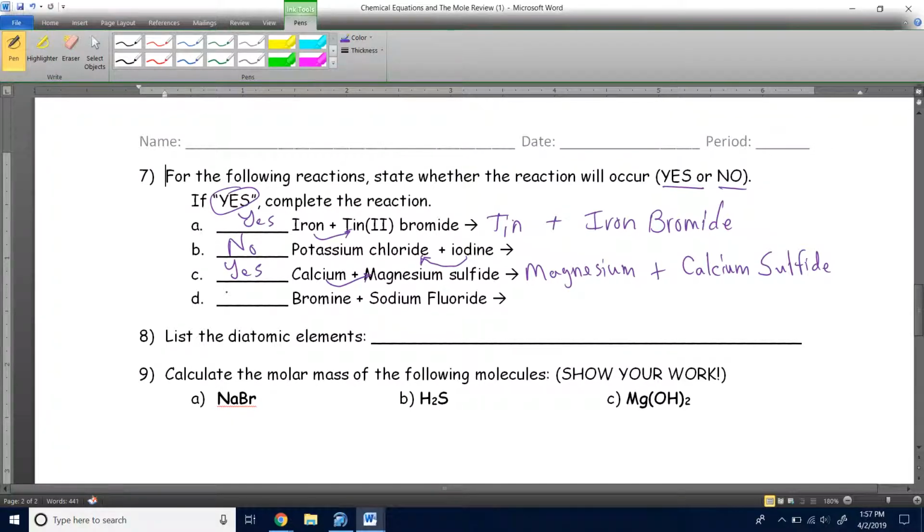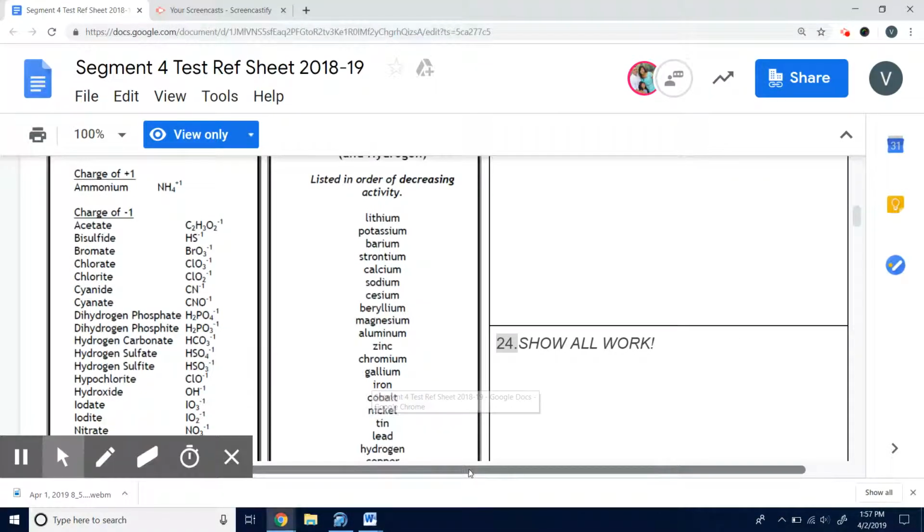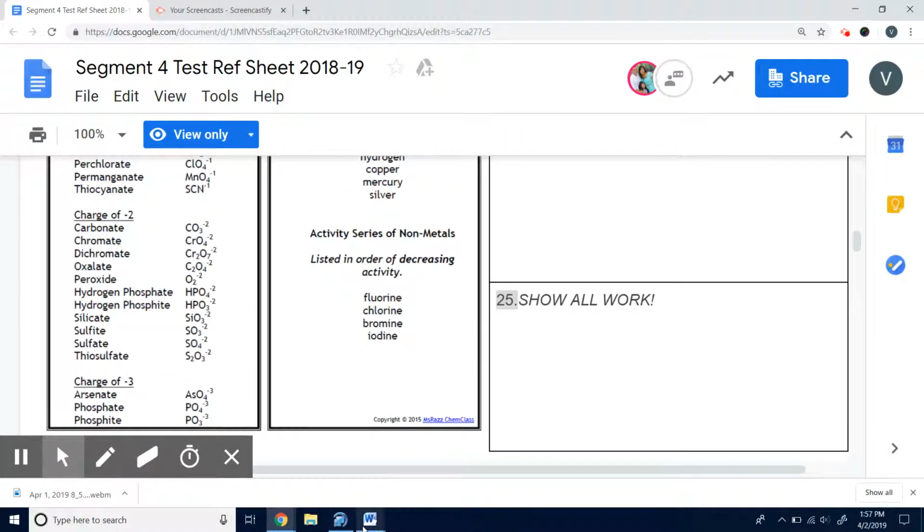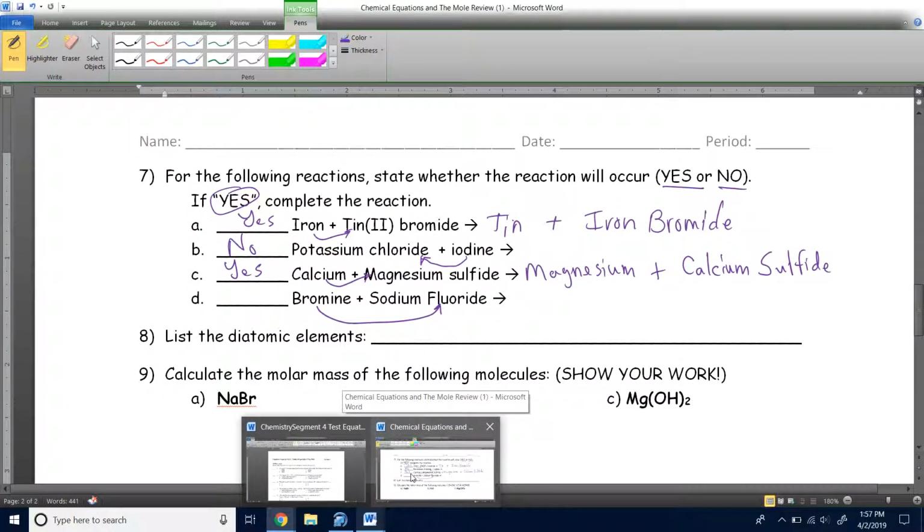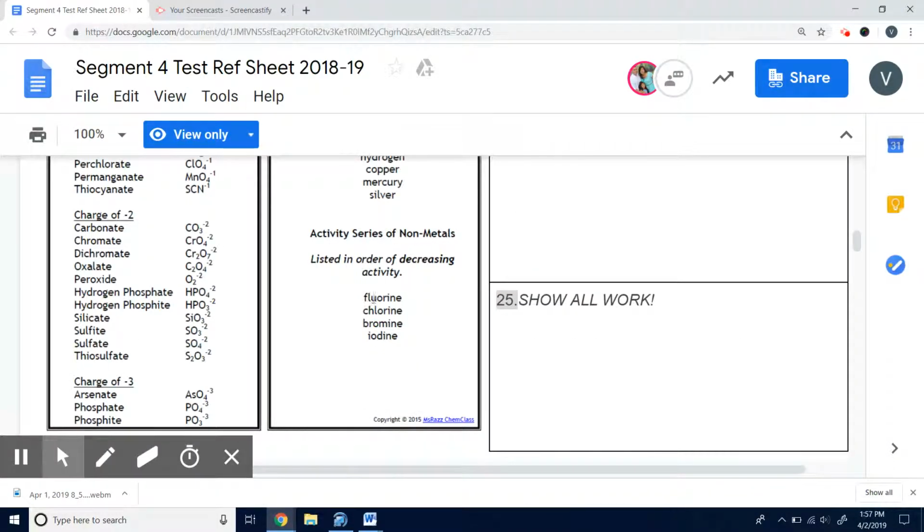All right, and last but not least, for part D, we're going to look at bromine. Since bromine is a nonmetal, we want to see if bromine is capable of replacing the nonmetal here, which is fluorine. So we look at bromine. Is bromine stronger than fluorine?